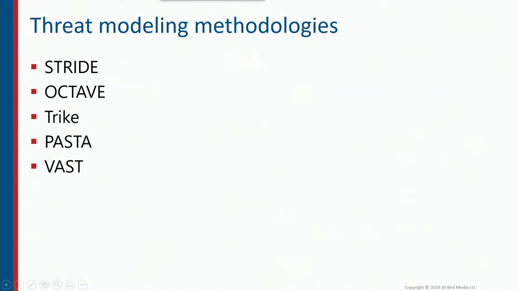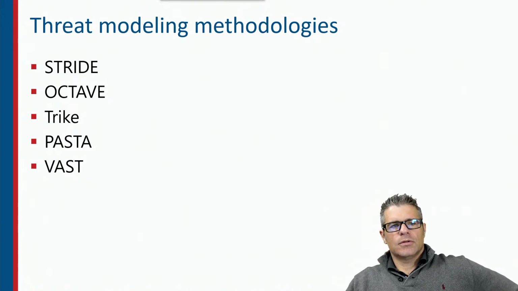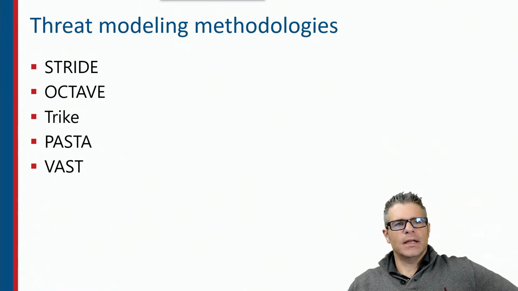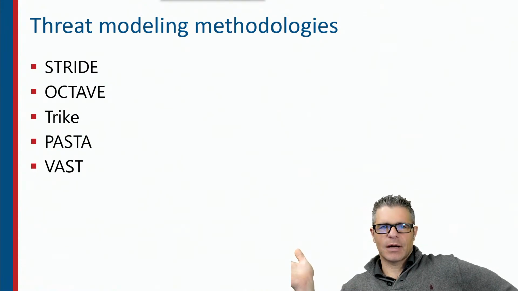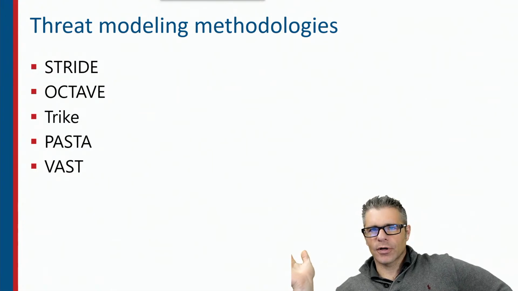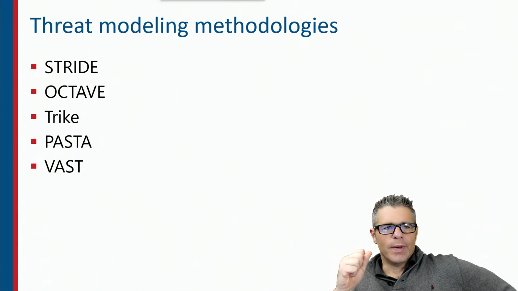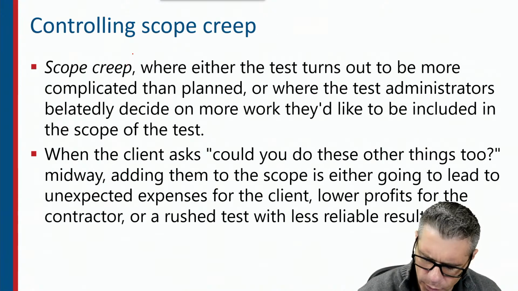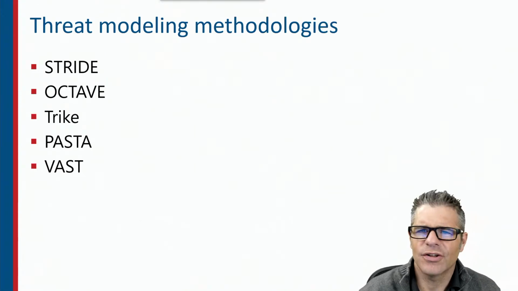There are a bunch of formal methodologies around for doing threat modeling. You should at least be familiar enough with these to know what the acronyms stand for and who makes them. So STRIDE is spoofing. You'll find these in the book too.